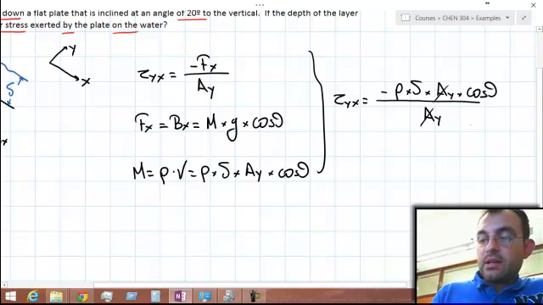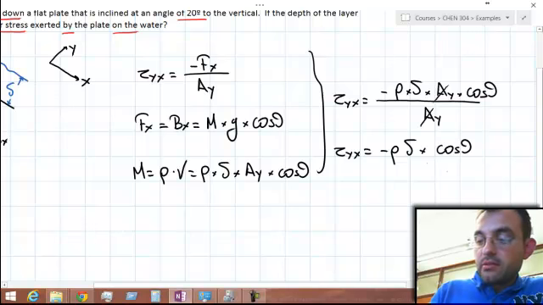These two cancel, and then the shear stress equals minus density times the depth times cosine theta, and of course I forgot the acceleration of gravity up here.